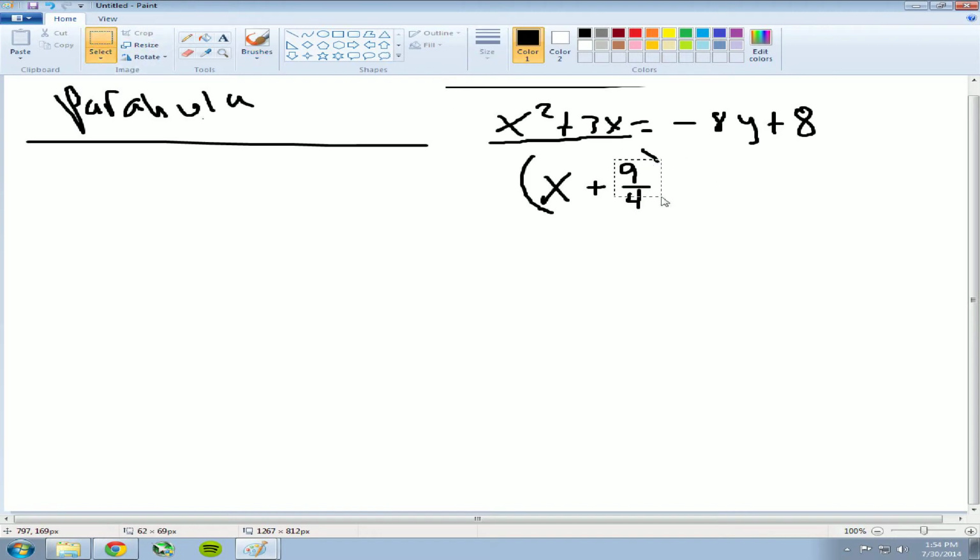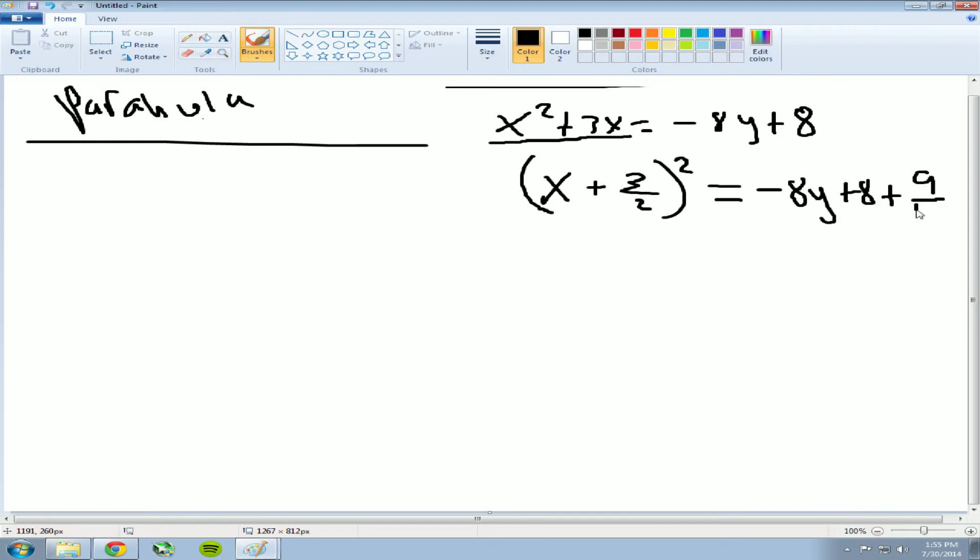Sorry, it's going to be 3 over 2, and half of that squared is 9 over 4. And we're going to add that to the other side, 9 over 4. I could show you why in a different video. But after that, you continue to add like terms.